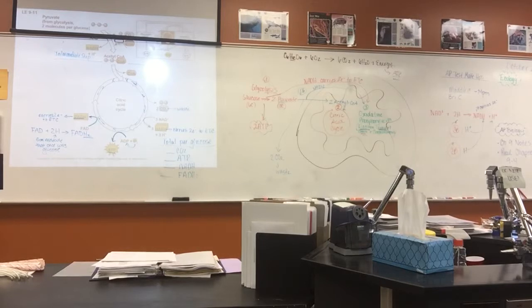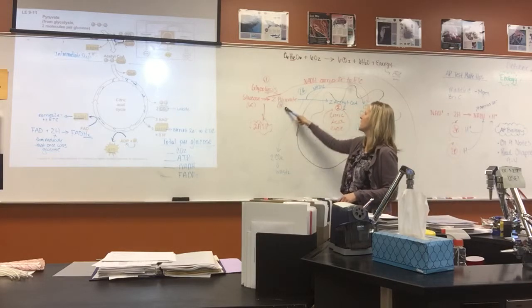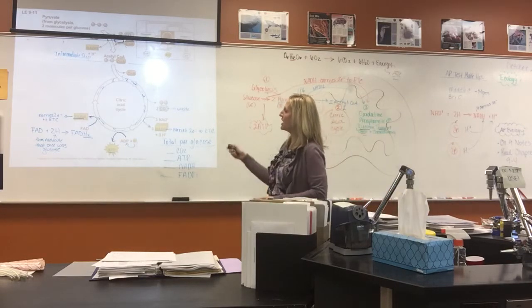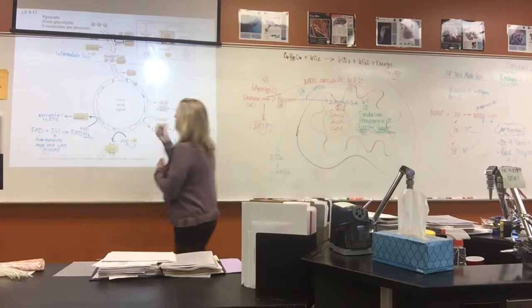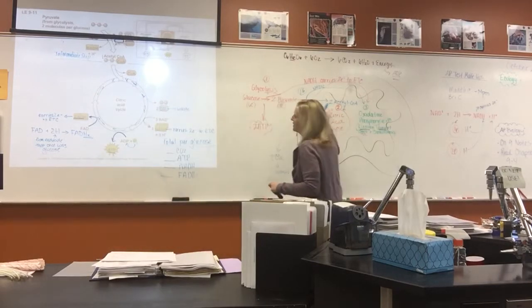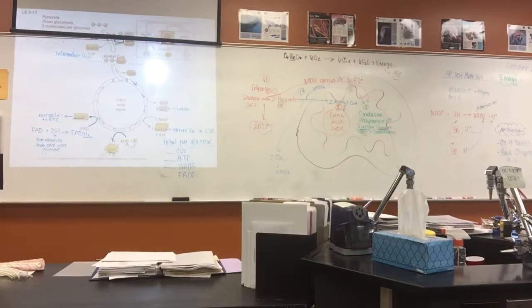So per glucose molecule, going back here, 1 glucose going in is converted to 2 pyruvate and then to 2 acetyl-CoAs. So when we look at this cycle here, this is for 1 acetyl-CoA going in. But per glucose molecule, we have 2 acetyl-CoAs, so since this citric acid cycle happens twice, we can double all of the numbers.